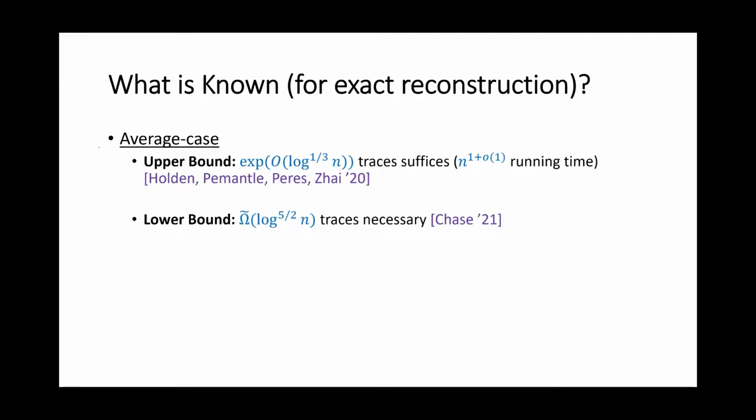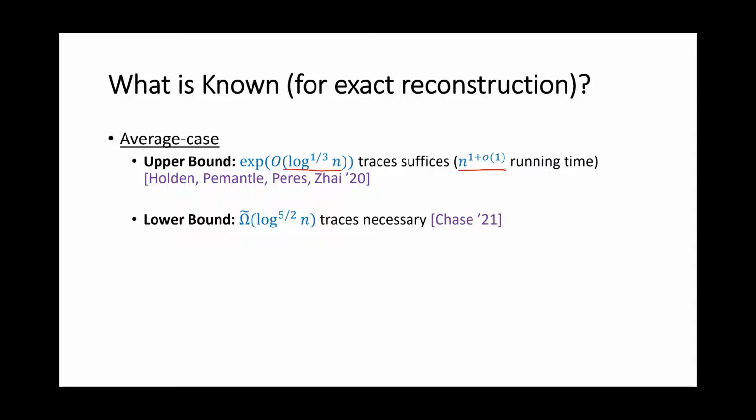So now let's proceed with our result. But before going into our result, let me talk about what is known about this problem. For the average case version, it is known that there is an upper bound of exponential in order log to the 1/3 n traces, which says that this many traces suffice to reconstruct the unknown string with running time almost linear in n.